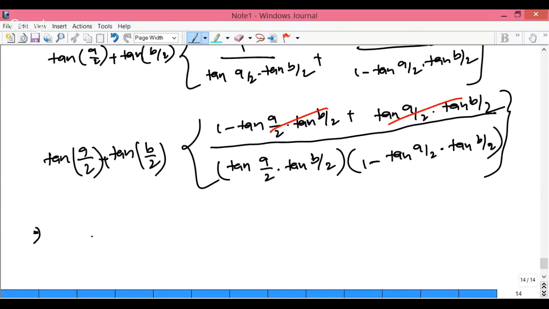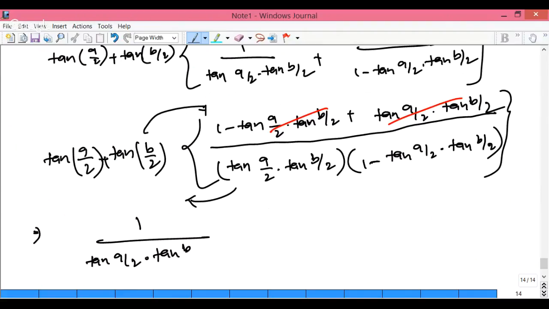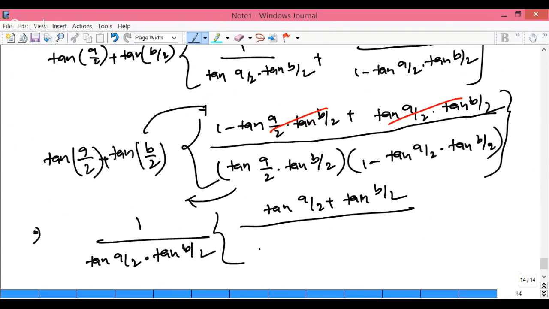Now take this outside and take 1 by tan A by 2 tan B by 2, times tan A by 2 plus tan B by 2 divided by 1 minus tan A by 2 into tan B by 2.